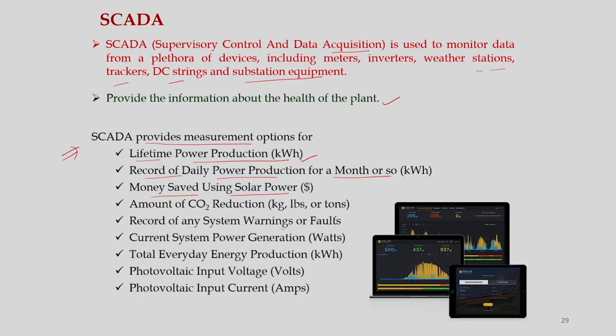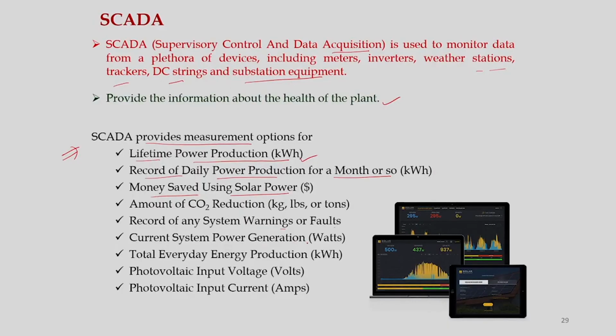So, if some component is not working properly, that can be diagnosed. Then current system power generation, total everyday energy production, then photovoltaic input voltage, how much input voltage is generated on a particular day and at a particular time, and photovoltaic input current at that time.